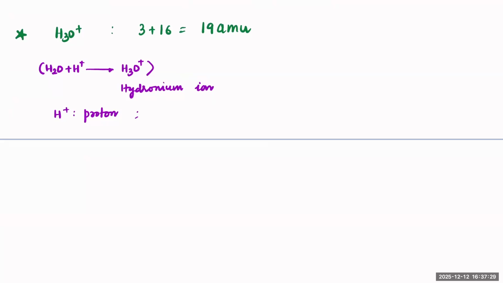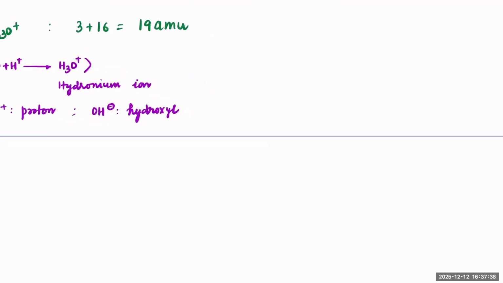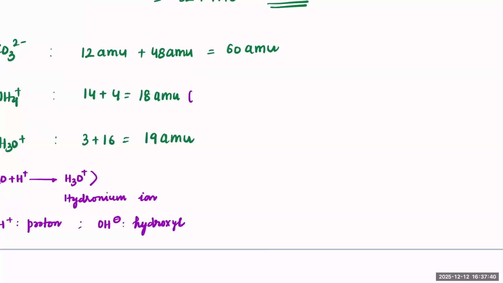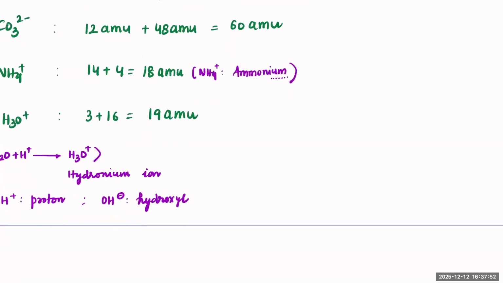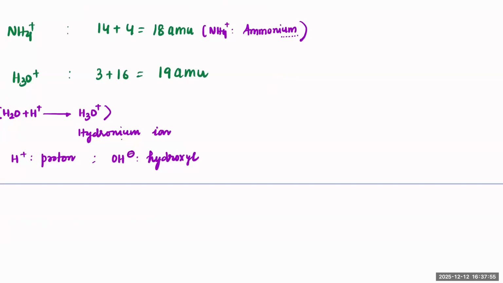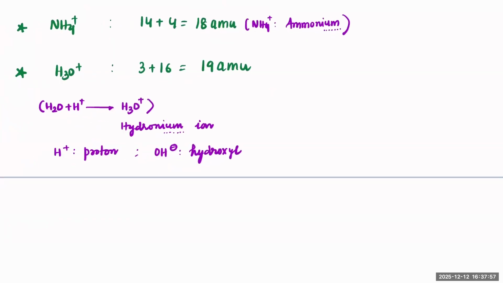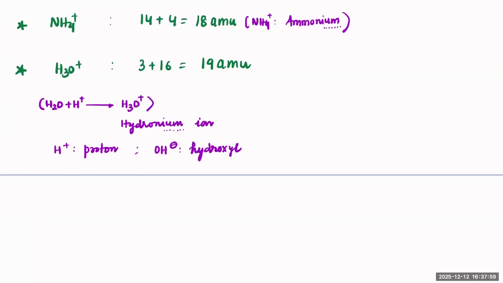And OH minus is referred to as hydroxyl. On similar terms, you can see NH4 plus is ammonium. In fact, whenever you have a positive ion, it will always end with "-ium". That is the reason why I call it hydronium.